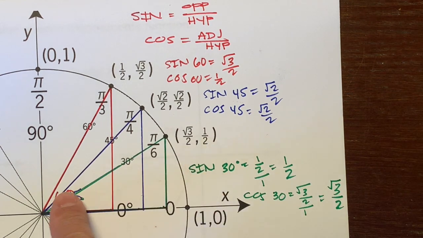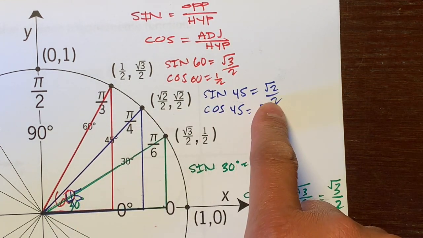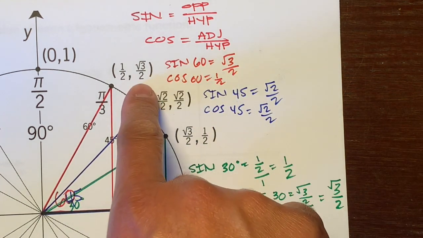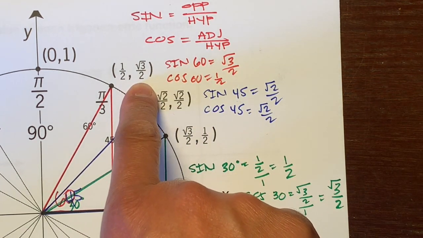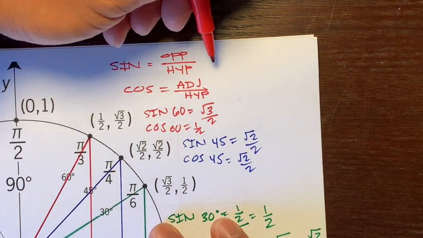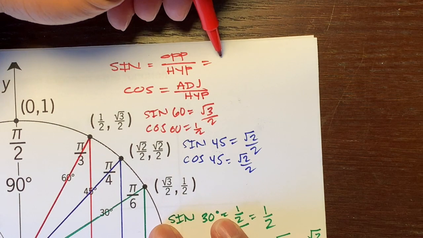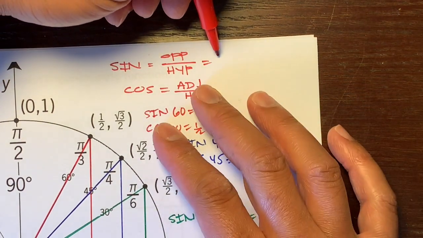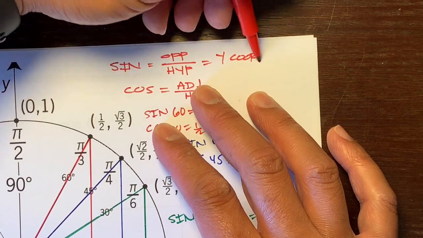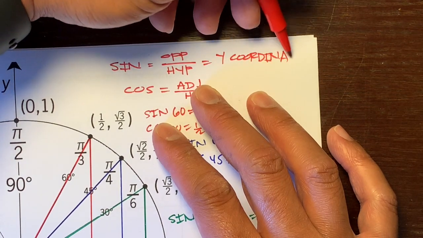The sine of 45 is just this value, radical 2 over 2. And the sine of 60 is radical 3 over 2, which is just the y value. So we can conclude that the sine is the y coordinate.